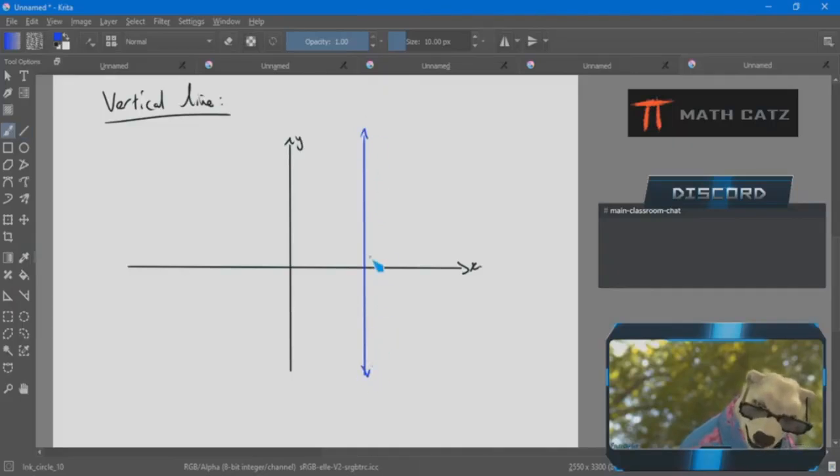Perfectly vertical, let's say here, sits at x equal to 3. That's just an example. It could be many different lines. This one's different. Regardless of the y value, the x value is always 3. So my equation has to be x equal to 3.